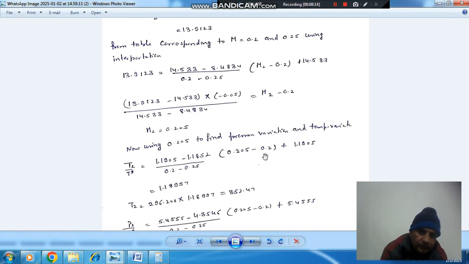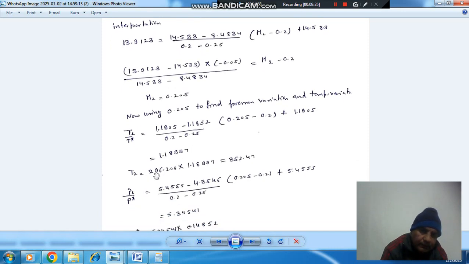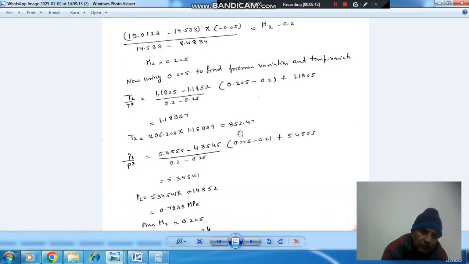If we multiply, it will be the increase in T by T star from 0.2 to 0.205, and at 0.2 it is 1.1905. So T2 by T star comes as 1.18997, and T star we have found to be 296.2. So T2 will come out as 352.47.